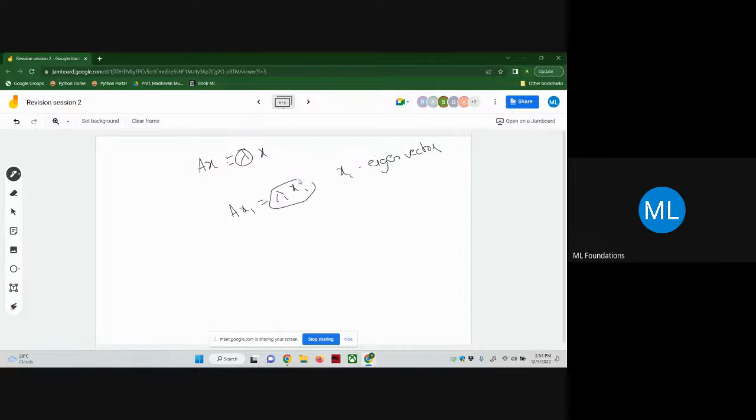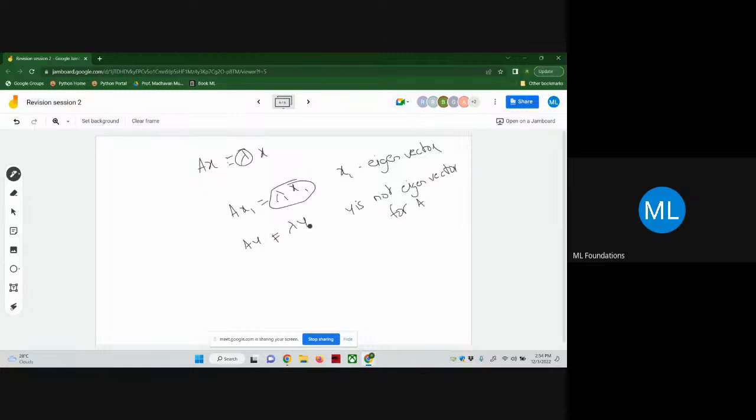The resultant vector lambda 1 x1 is parallel to x1. But let's say we have some other vector y, where y is not an eigenvector for A. Then Ay will not be equal to some lambda times y.